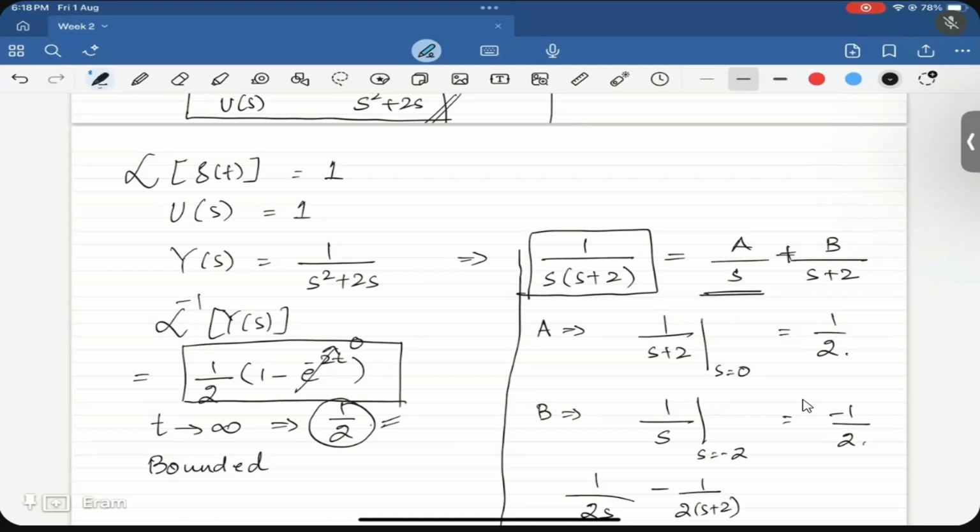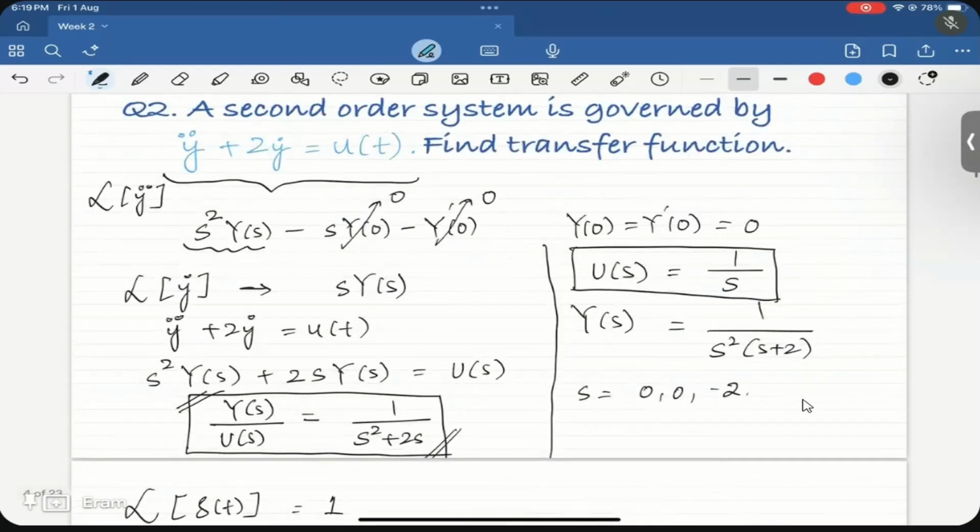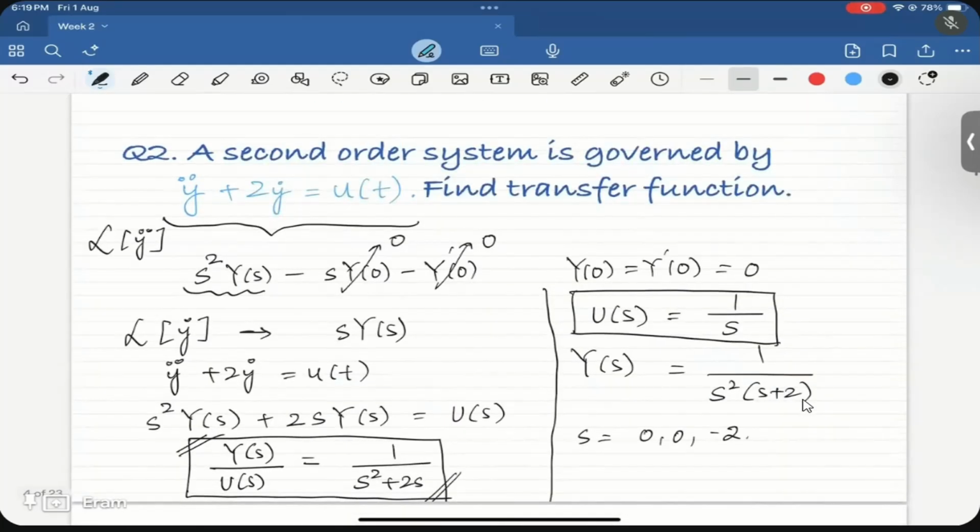For impulse input it is fine, the response is bounded, but if I give a step input, then we have seen that we have repeated poles at the origin, and any repeated poles on the imaginary axis will make the system unstable. Okay, this you must have seen in the video lectures.